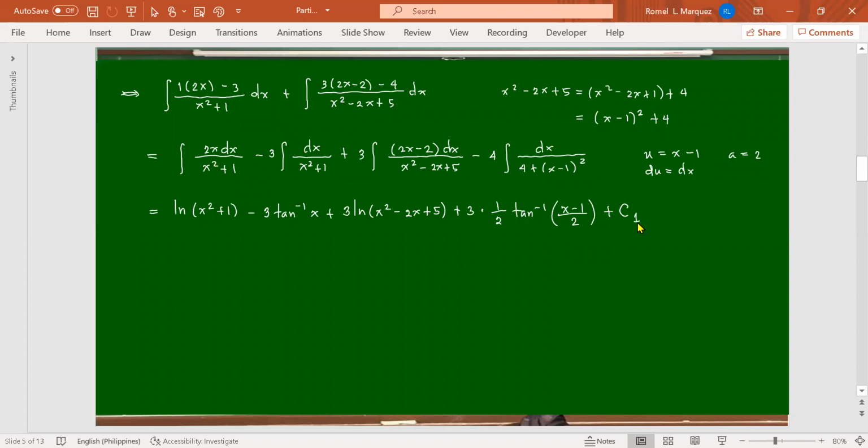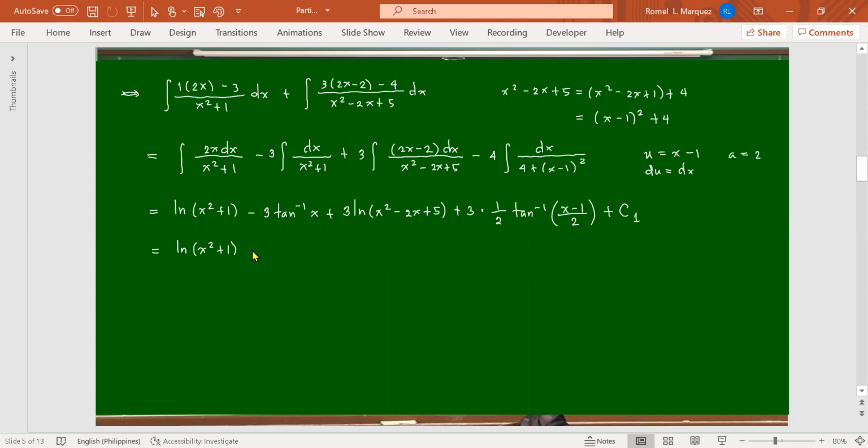Then plus a constant. Let's have C1, because I used C in the partial fraction decomposition, so I'll be using another arbitrary constant name here. So let's say C1. So let's simplify this. So getting ln of x squared, we just copy this.